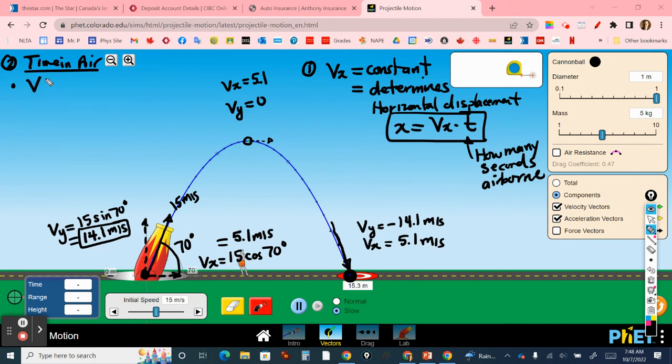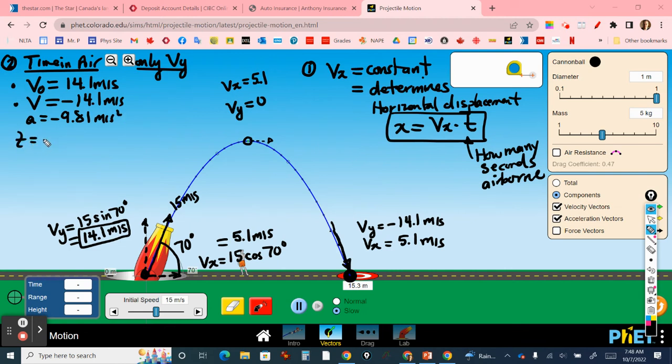So here, our V0, our initial one, is 14.1 meters per second. When it lands, this only depends on the Vy. The Vx doesn't do anything to the time of the air. And so here we have our final V is going to be minus 14.1 meters per second. Our acceleration is going to be minus 9.81 meters per second squared.